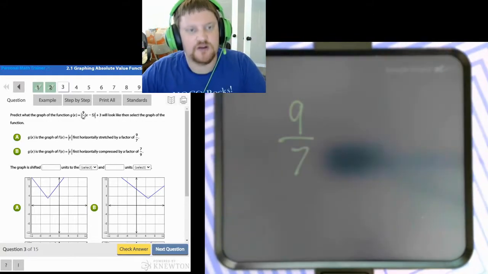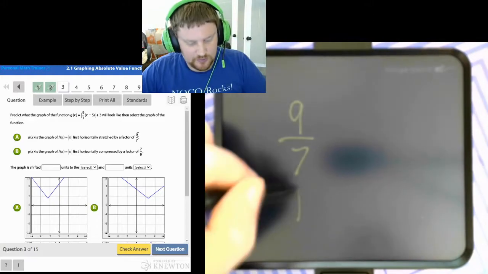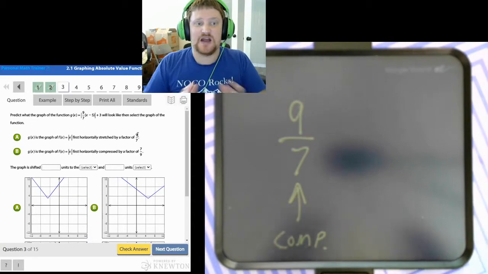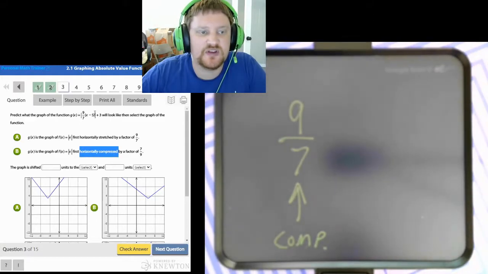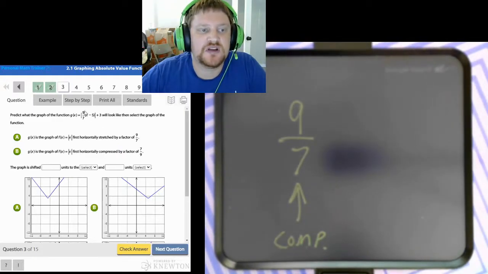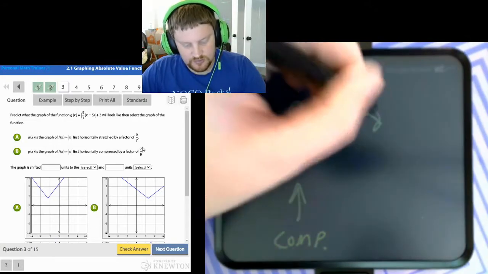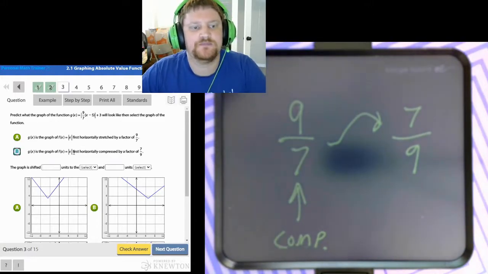Our fraction is 9 over 7. 9 over 7 is bigger than 1. So since it's bigger than 1, that tells us it's a compression. Because it's on the inside, it's opposite what we think. So we have a horizontal compression. It's horizontal because it's on the inside of the absolute value sign. It's a compression because it's bigger than 1, and the factor is always going to be the reciprocal of what they give us. So that's that guy.